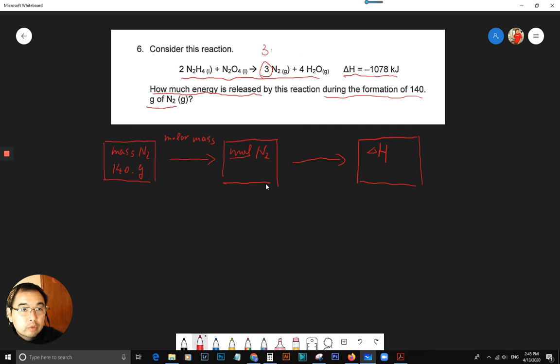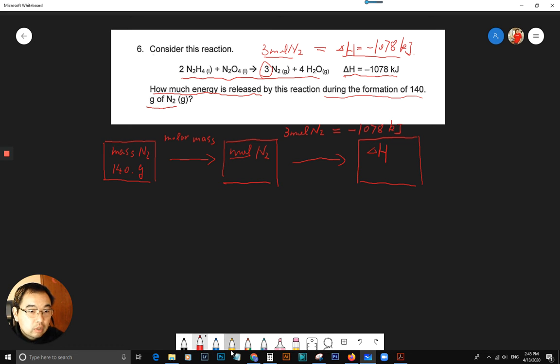If we have 3 mole of the nitrogen, we can produce that much of the heat, kilojoule. So this is the connection between the mole of the nitrogen and the heat. That's 3 mole of the nitrogen can produce negative 1078 kilojoule of the heat or the enthalpy.